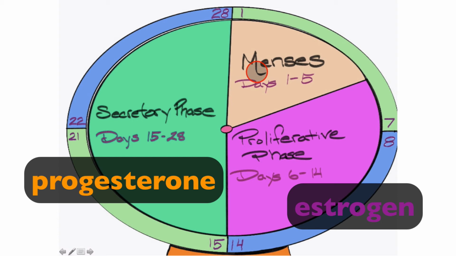So once again, menses is shedding off of the stratum functionalis. Proliferative phase is a mitotic activity to rebuild the stratum functionalis. And the secretory phase is the development of glycogen-rich secretions in the endometrium, specifically in the stratum functionalis, in anticipation of a fertilized egg implanting on the endometrium.